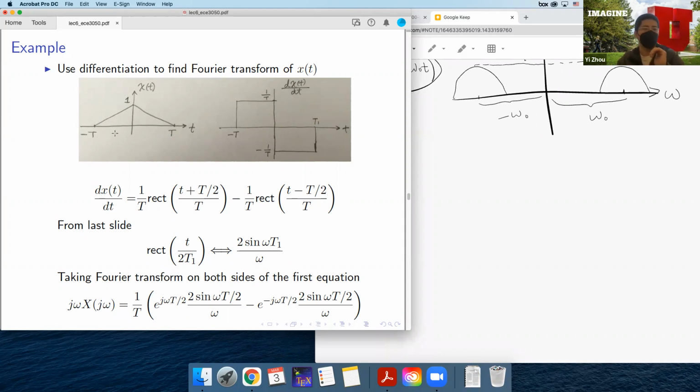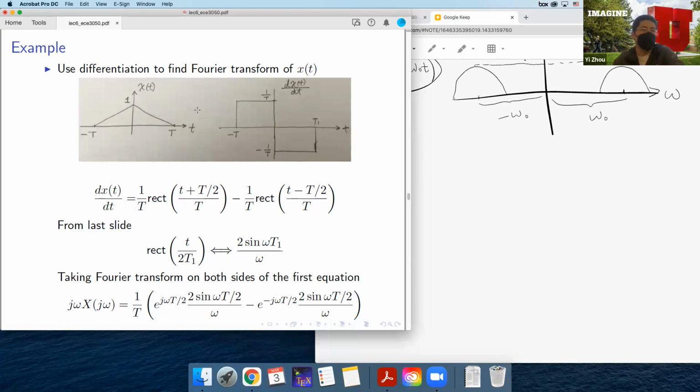Because in this part of the time domain, the signal is linearly increasing, so the derivative is a positive constant, 1/T. And here the derivative is a negative constant, negative 1/T.